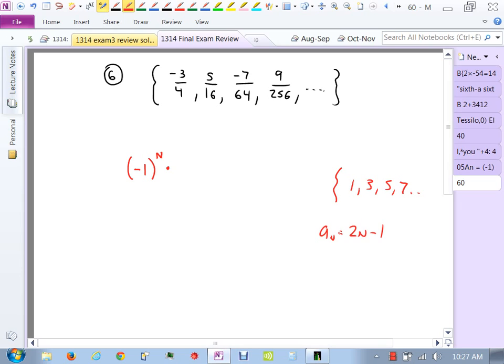So I go 2n minus 1, but then I just add 2 to it. So what's 2n minus 1 plus 2? 2n plus 1. Think about that. 2n plus 1.